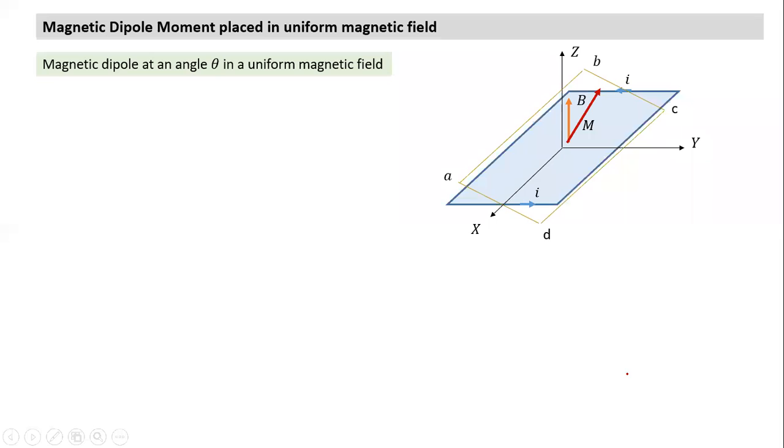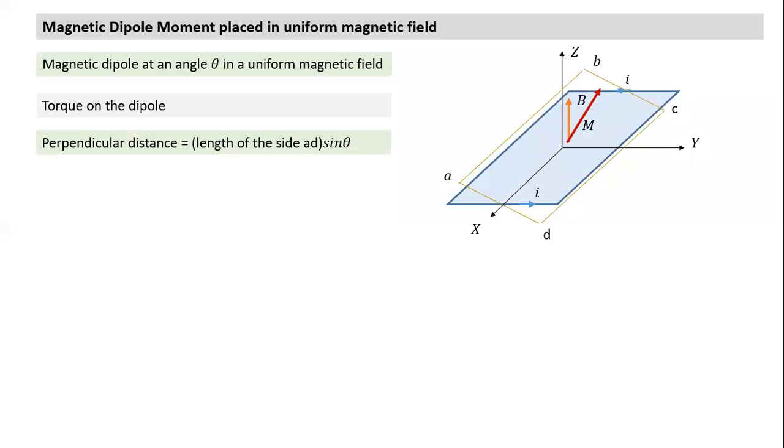So what is the torque here? The dipole will experience a torque equal to force times perpendicular distance, that is, the length of side AD into sine theta. So torque will be equal to force ILB into M sine theta. Looking at this term, I into L into M: what is L into M? It is nothing but the area of the rectangle. So I into L into M is nothing but the magnetic dipole moment.